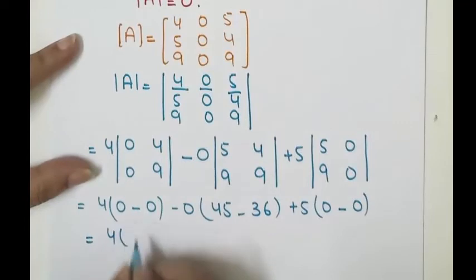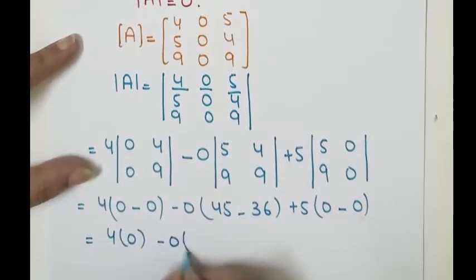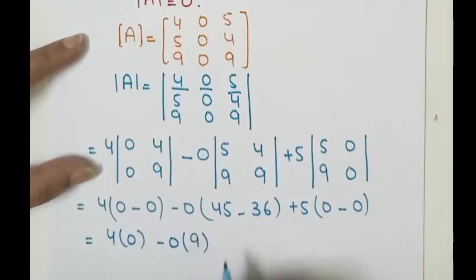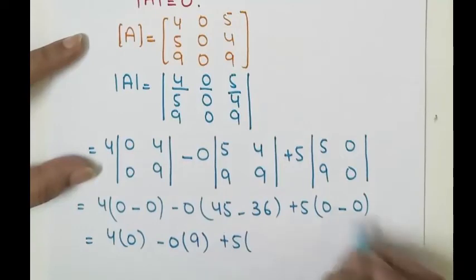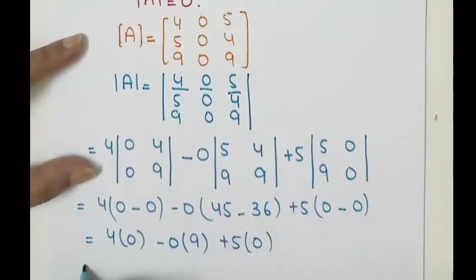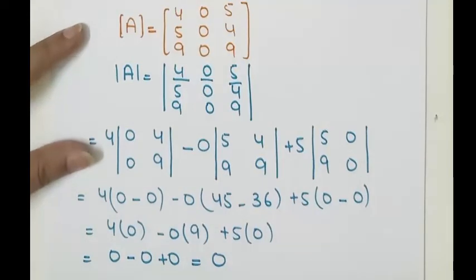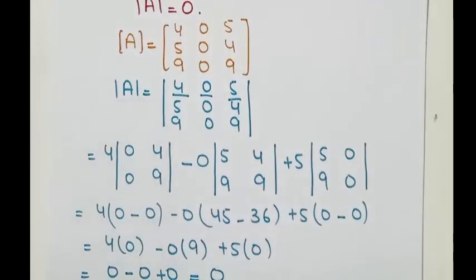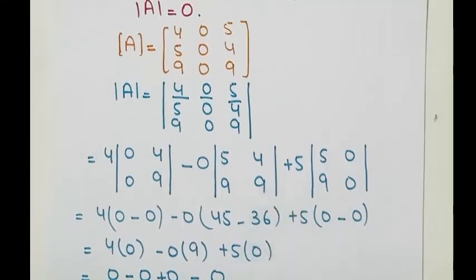This is 4. 0 minus 0 is 0, minus 0. 45 minus 36 is equal to 9. Plus 5. 0 minus 0 is 0. Now 4 0 times is 0, minus 9 0 times is 0, plus 5 0 times is 0. So it means 0. So it means if all the entries in any row or column are equal to 0, then the value of that determinant is equal to 0.